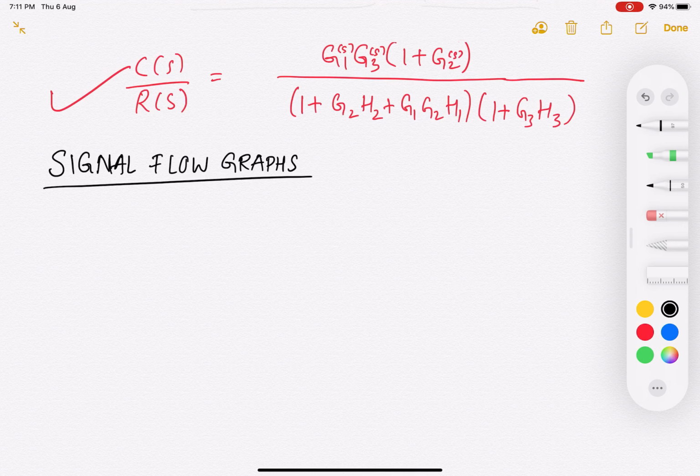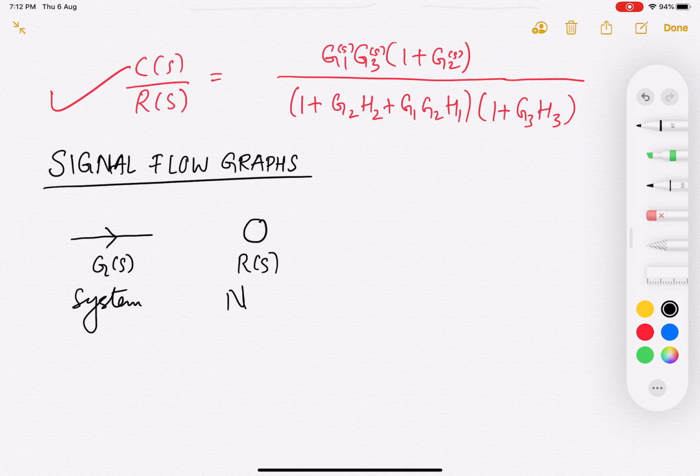When you draw a signal flow graph, you represent a system like a branch, and a signal like a node.